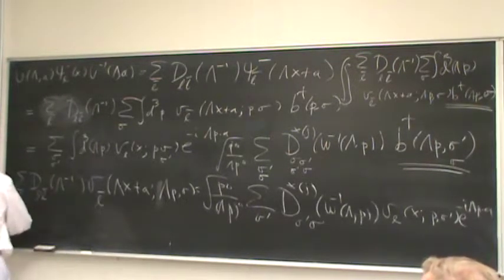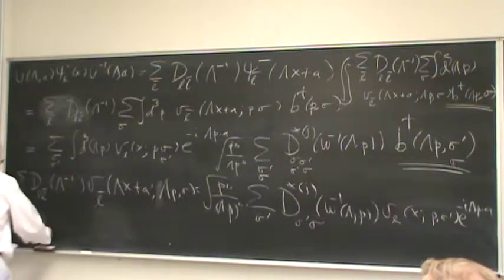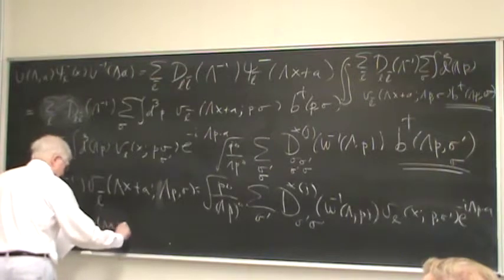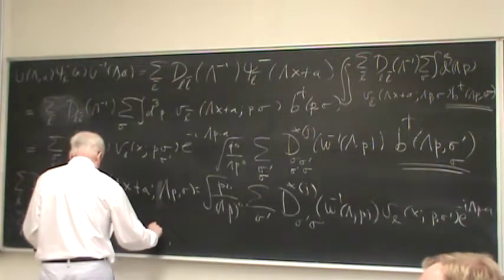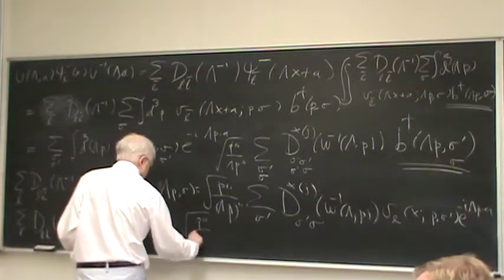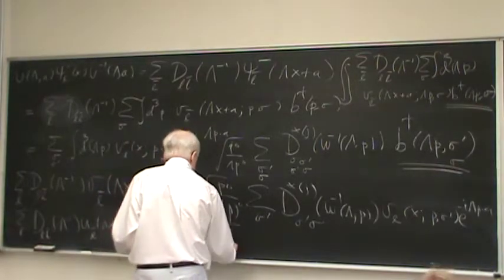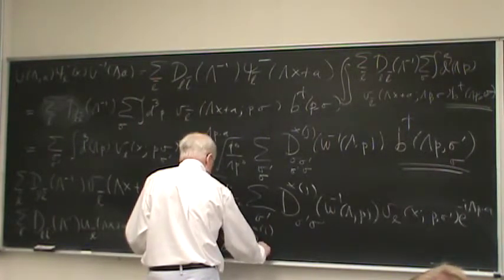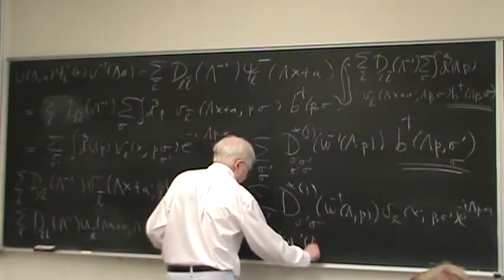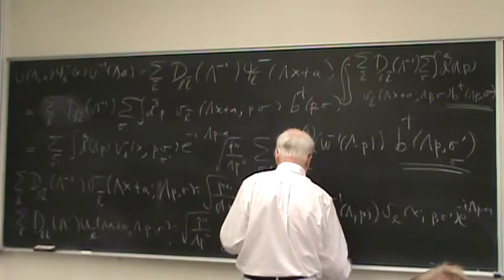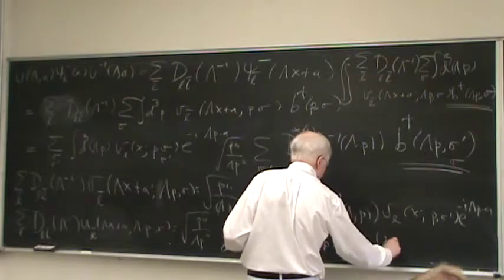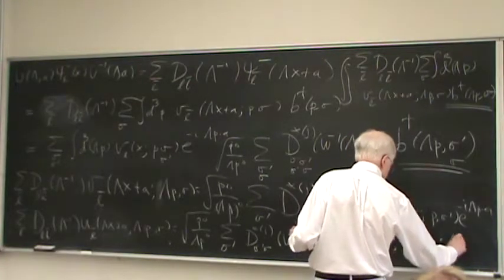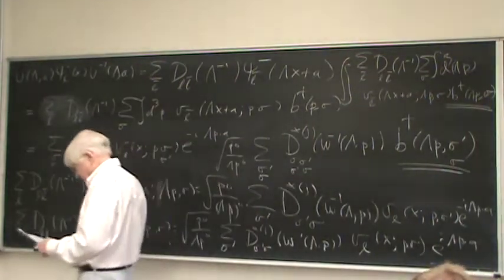This is one, and the other one is some L bar, dLL bar of lambda inverse UL bar of lambda x plus a lambda p sigma is the square root p0 over lambda p0 some sigma prime d star j sigma prime sigma w inverse of lambda and p VL of x p sigma e to the I lambda p dot a. So it's I, not minus. So those are the basic two equations.